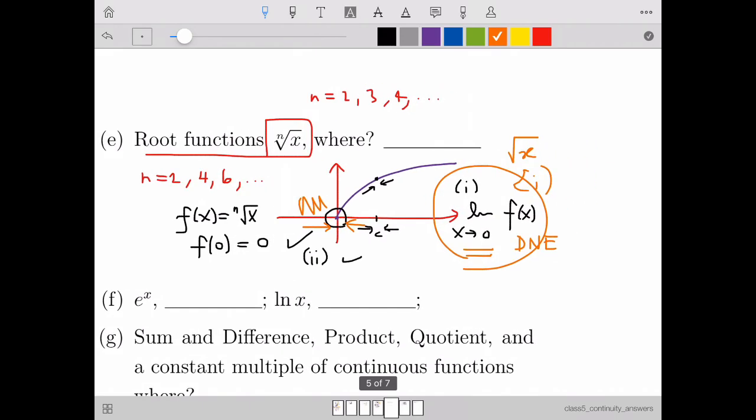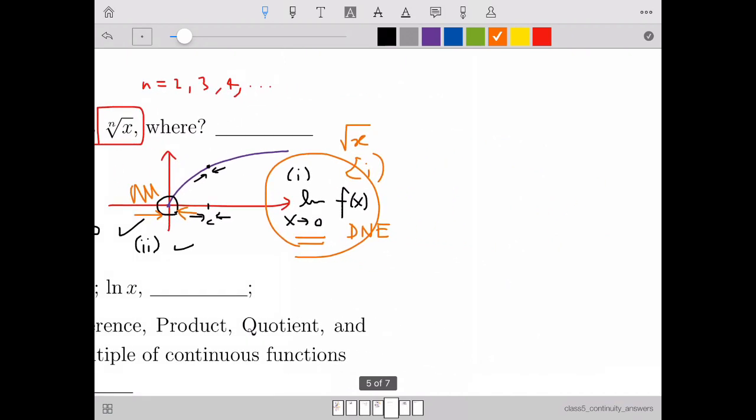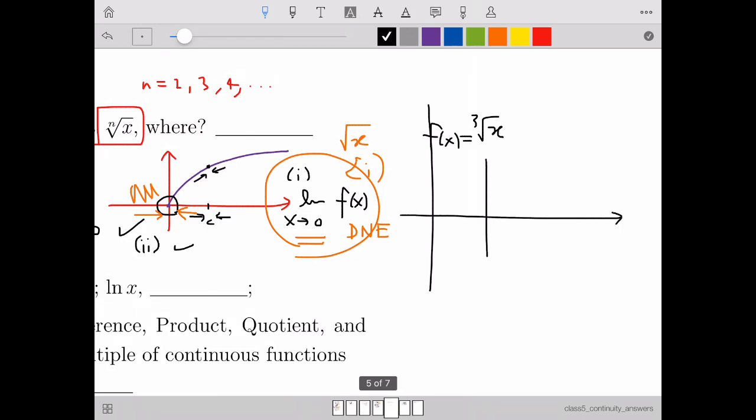Whereas, if I look at odd roots, for example, cube root of x, then its graph looks like this. For example, cube root of minus 8 is minus 2, so it is defined at negative numbers and it looks like this.